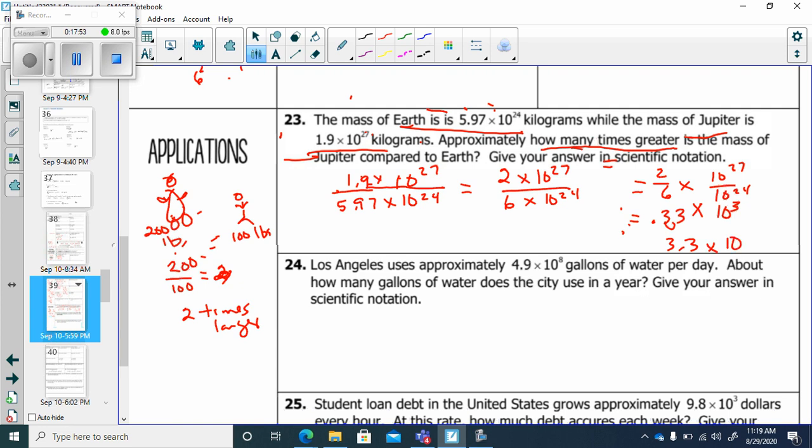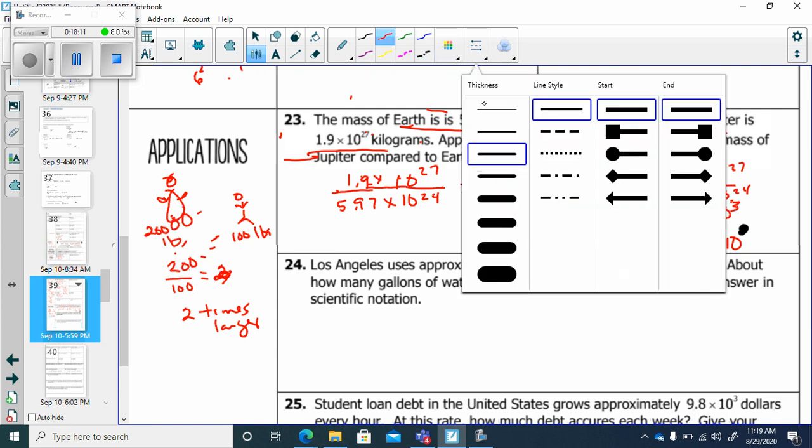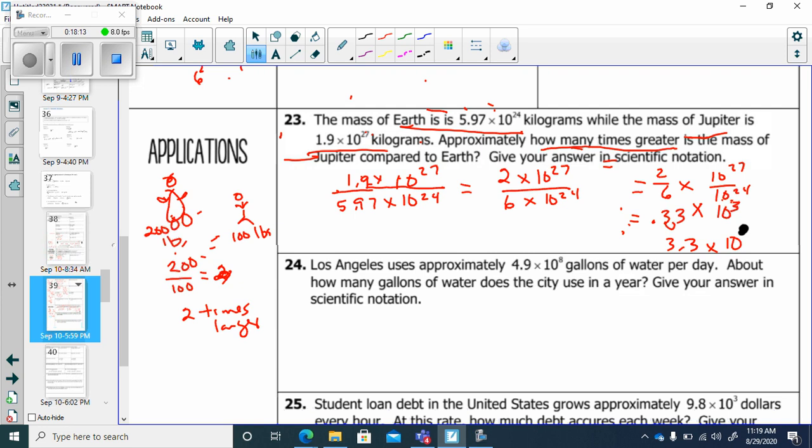The rule tells us if we move right, we subtract. 3 minus 1, because we went one place, would give us 2. So we are at 3.3 times 10 to the second. If you move that 2 places, you're talking about 330 times bigger. Okay?